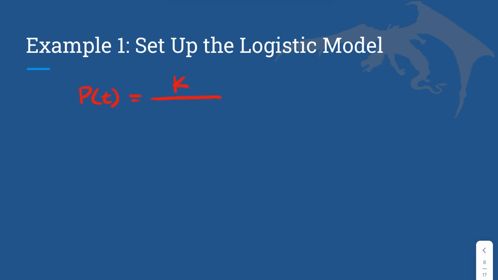P of t equals K over 1 plus B times e to the negative rt, where K represents 400 elephants. Our initial population was 50 elephants. Our time initially we could say is 0 as well.